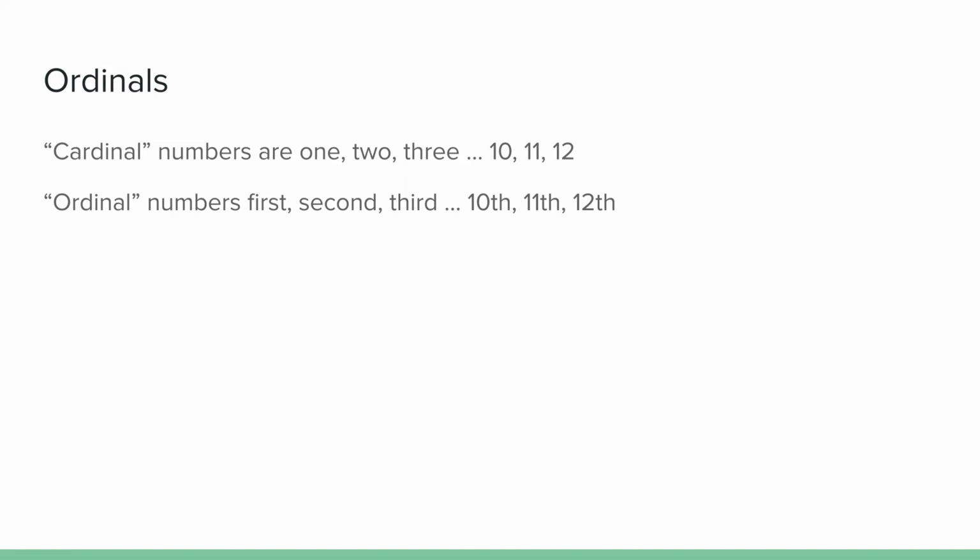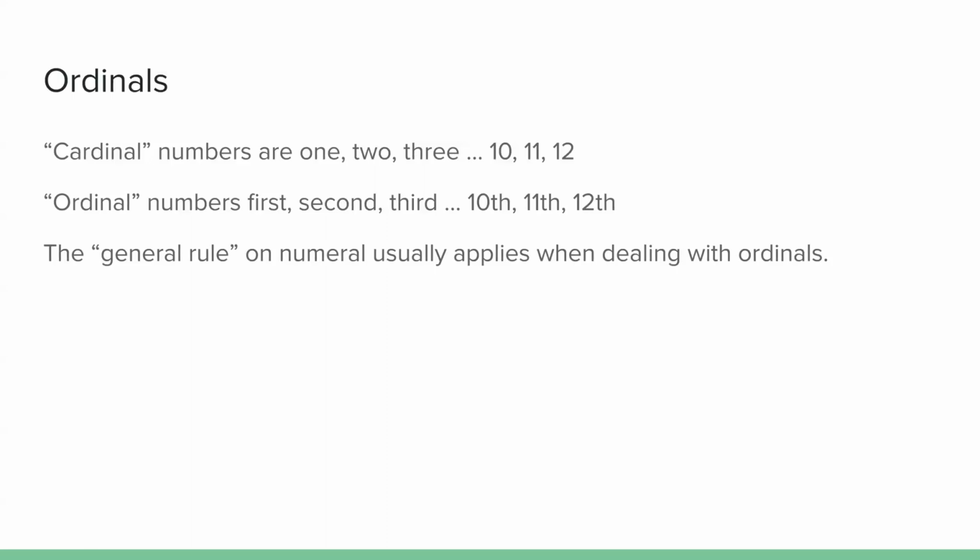Notice the usages there. The general rule still applies, even if you're dealing with ordinals. The only difference is that you have to either use these words like first instead of one. And when we get into the figures, you include the TH or whatever it would need to be. If I had written 23rd, that would have been 2, 3, RD, okay, for the ordinal numbers.